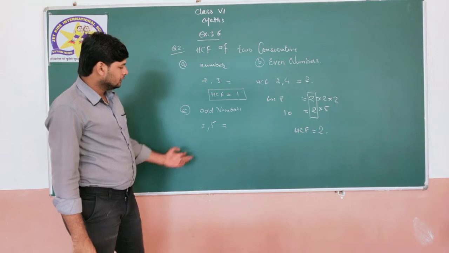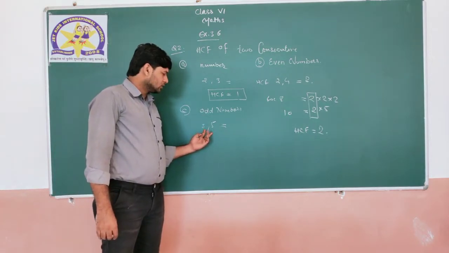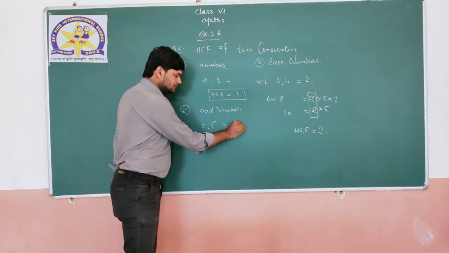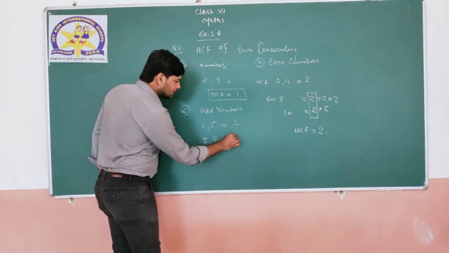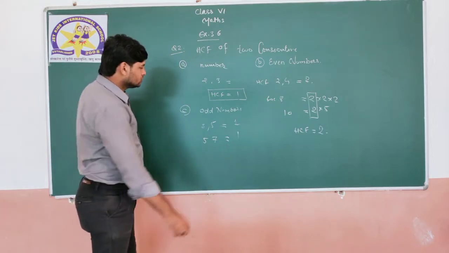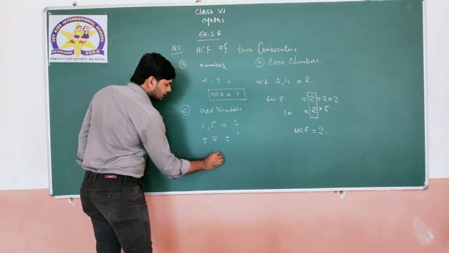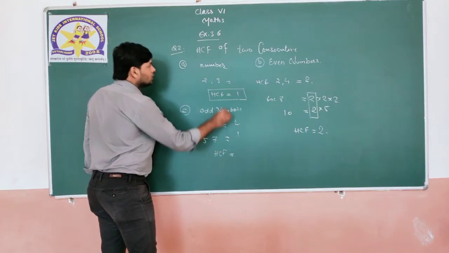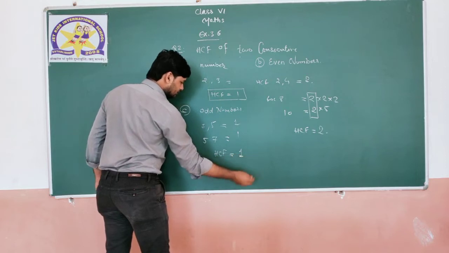What will be the answer? What will be the HCF? 1, right? If I am taking 5 and 7, both are prime. 1. So here we can say the HCF of two consecutive odd numbers will be 1.